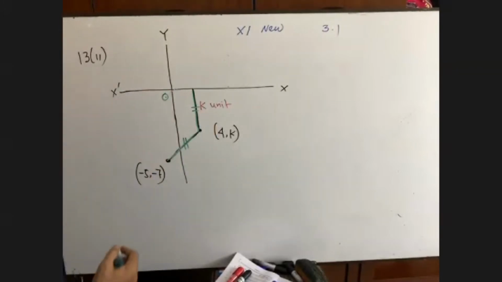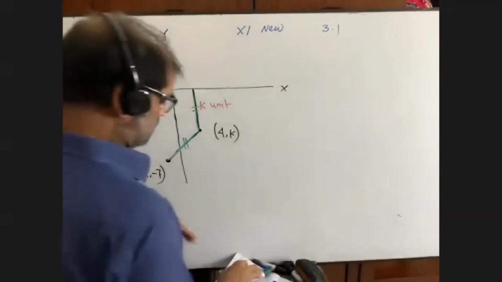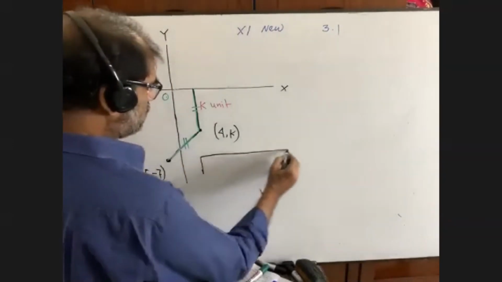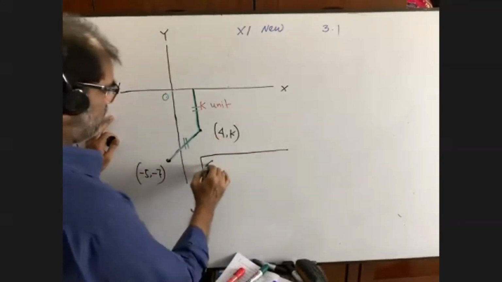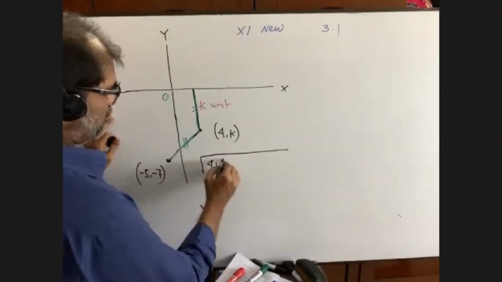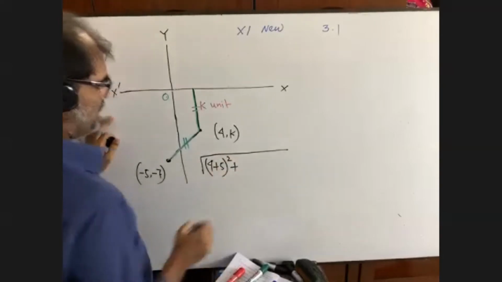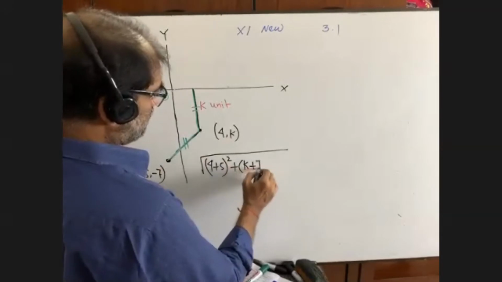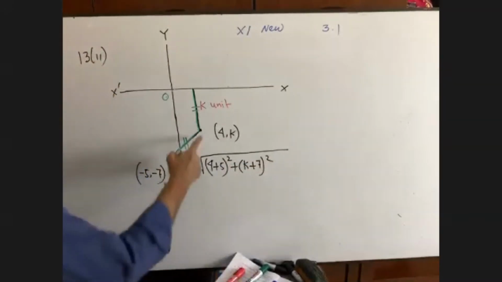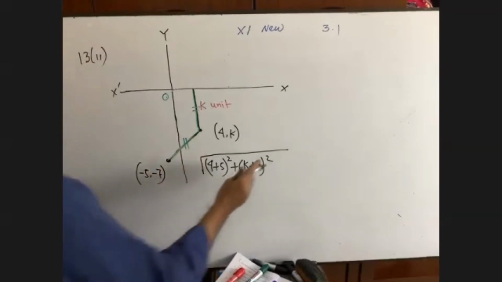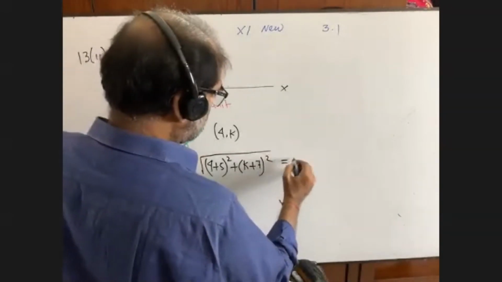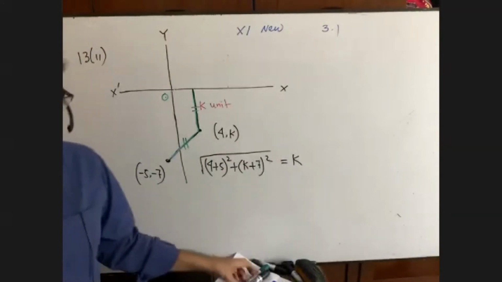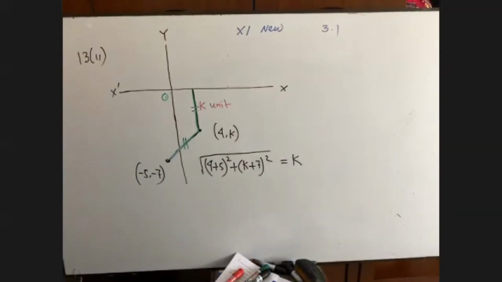So write down, according to the question, the square root of (4 plus 5) whole square plus (K plus 7) whole square, the distance between these two points, is equal to K. Now solve it. I want to see who can solve it first. What is the value of K?